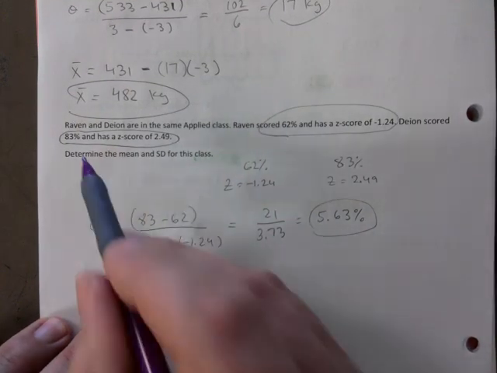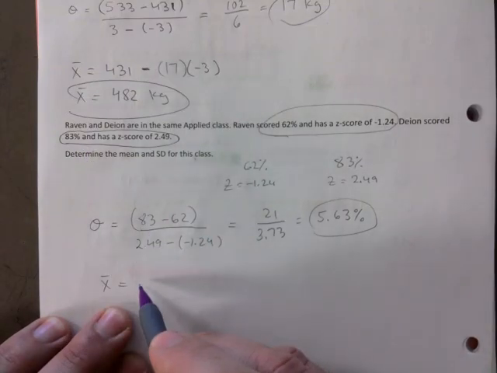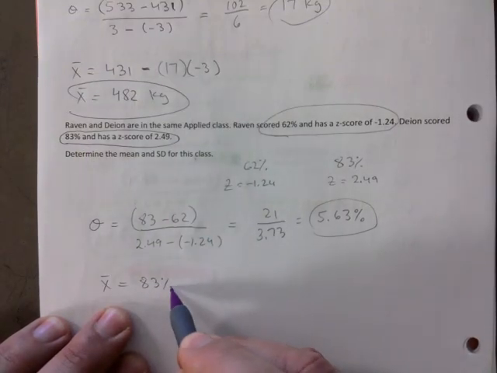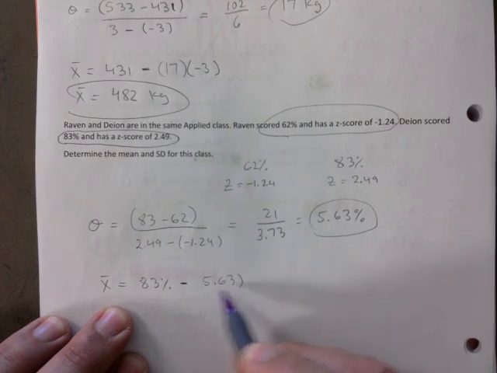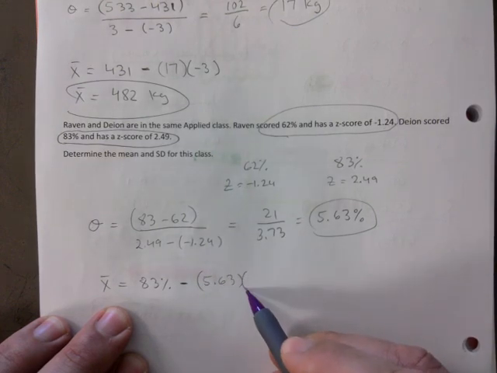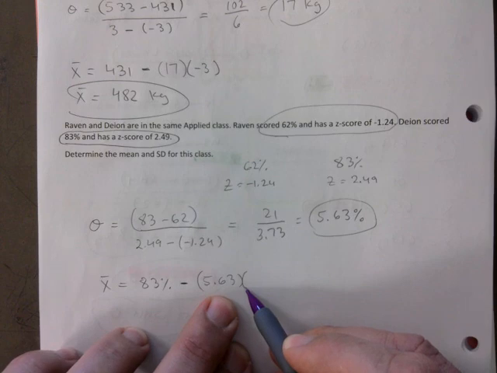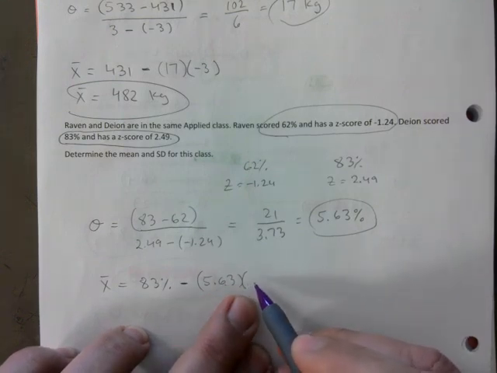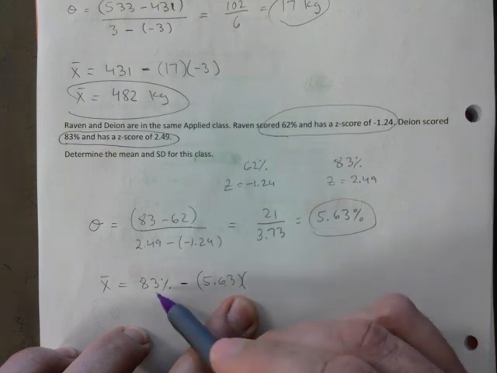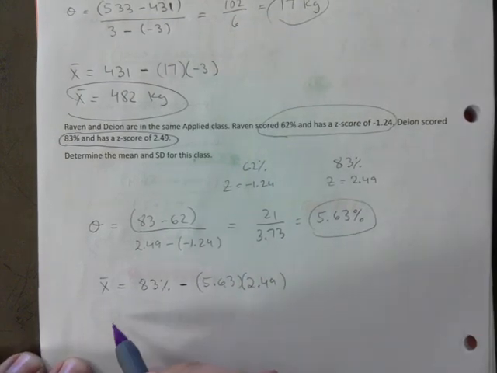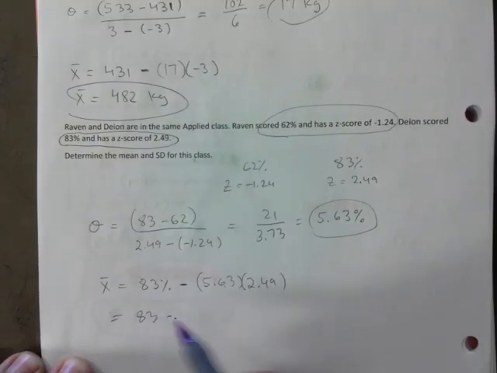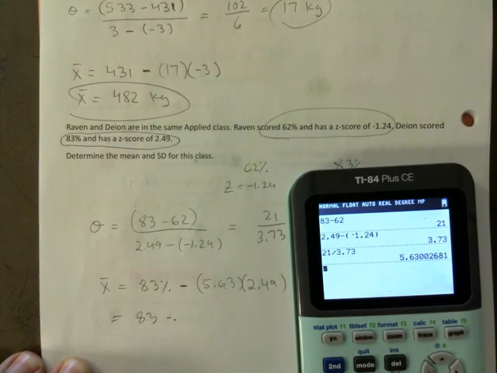Let's go with Dion's score. So his actual score minus standard deviation times the z-score for this actual score, which is 2.49. 83 minus 5.63 times 2.49.